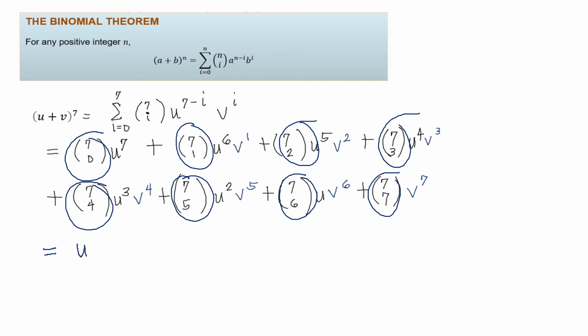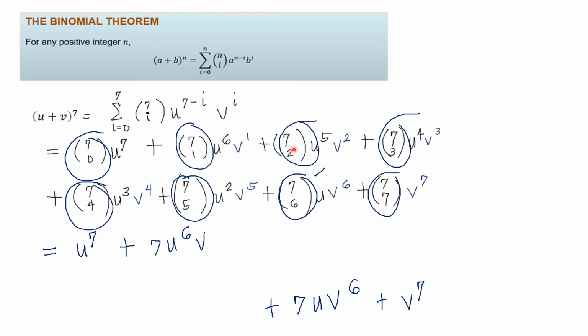So we may now write u raised to 7 plus 7 taken 1 is equal to 7. You can check in your calculator. 7 taken 1 is simply equal to 7. So we now have plus 7 u raised to 6 v. And that will be immediately followed by the second to the last, which will be 7 u v raised to 6, and also the last term, that will be v raised to 7.